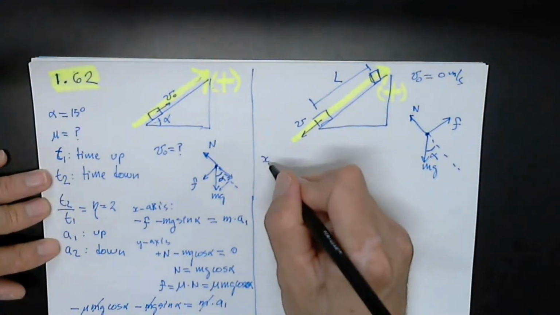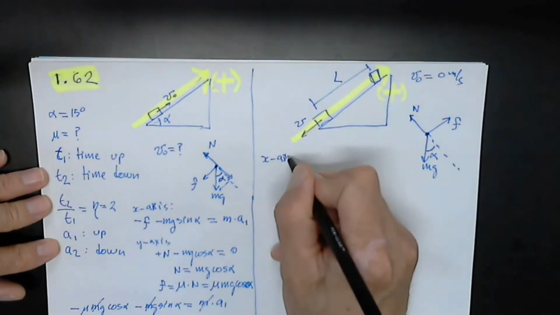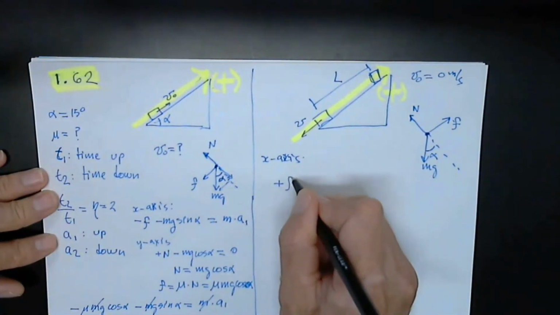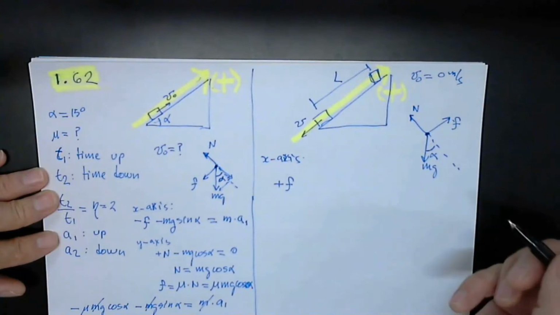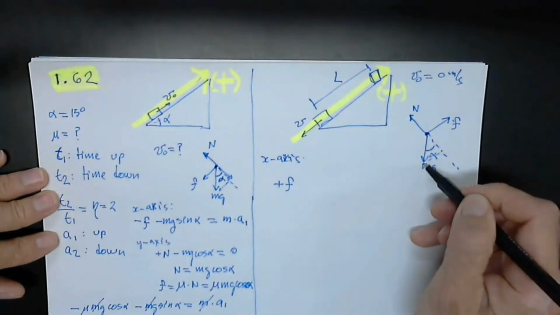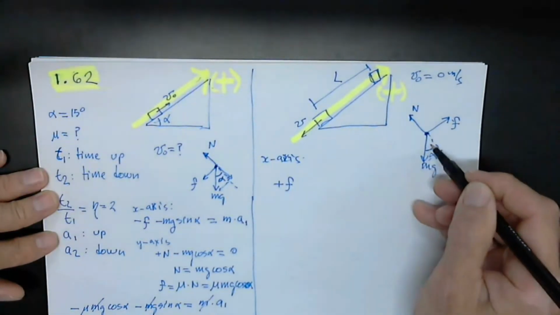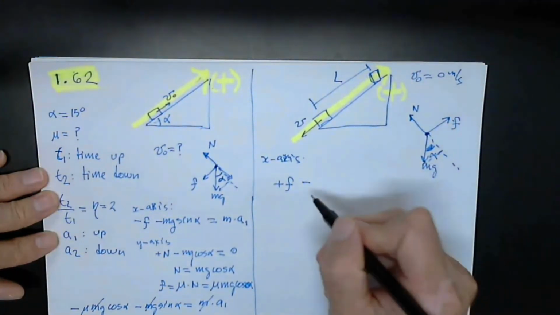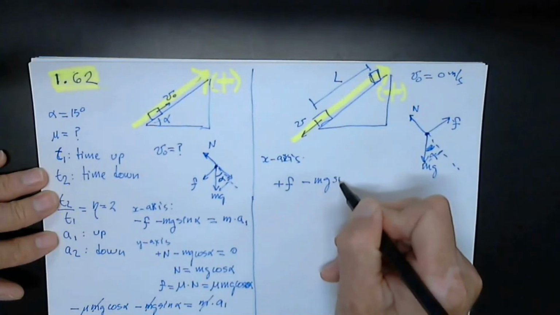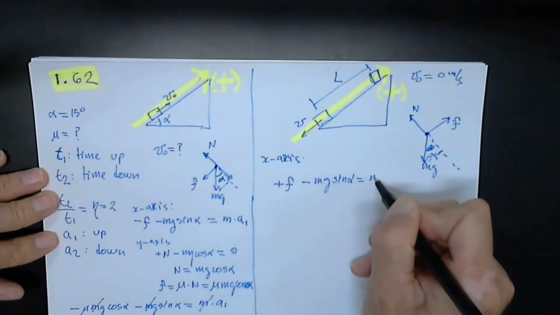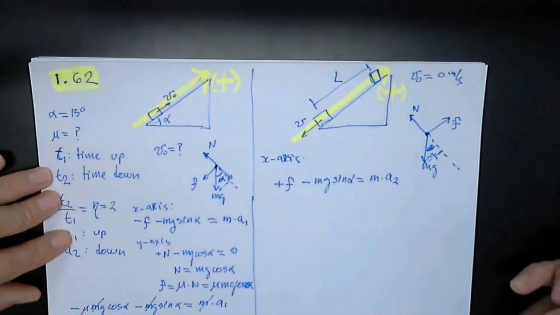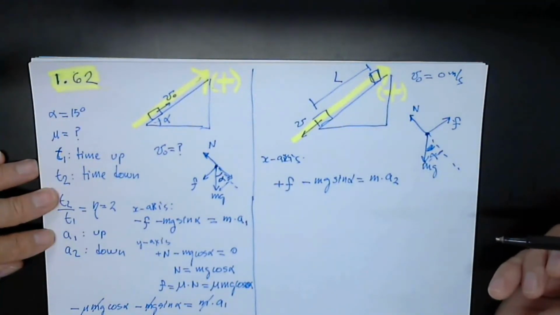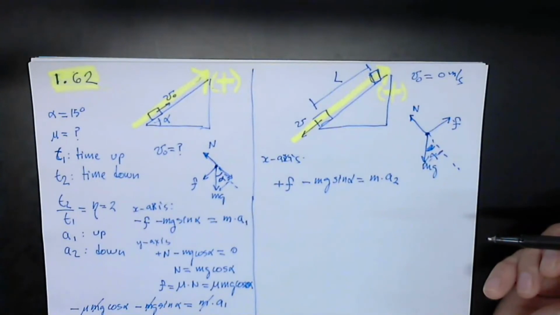So in the x-axis, I have positive friction, and this component of mg that is opposite to the angle, so it's sine, equals m a2. a2 is the acceleration downward.